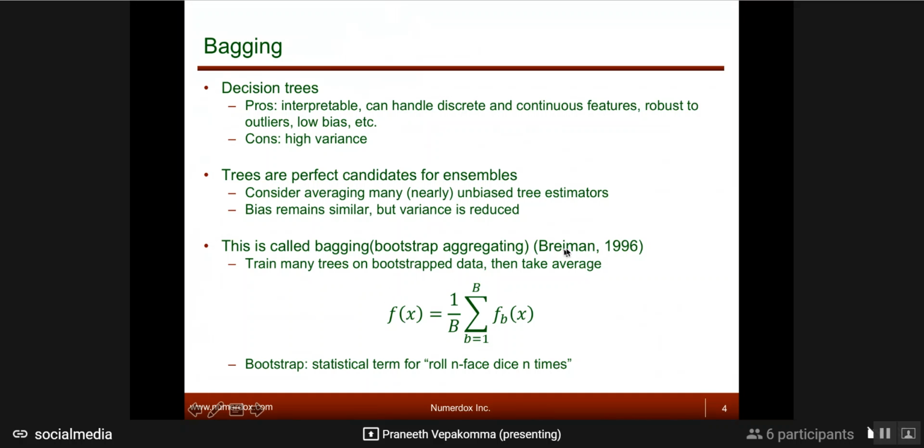Breiman was a professor in the statistics department at UC Berkeley. He passed away in the 2000s, I guess. He developed the random forest technique. He used the concept of bootstrap aggregation, which was developed separately, as part of the tree generation process. So basically, he trained many trees on bootstrap data. This is the idea there.